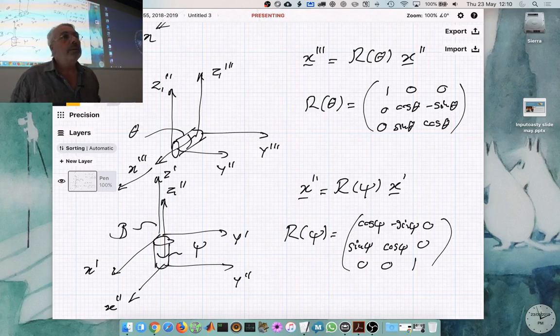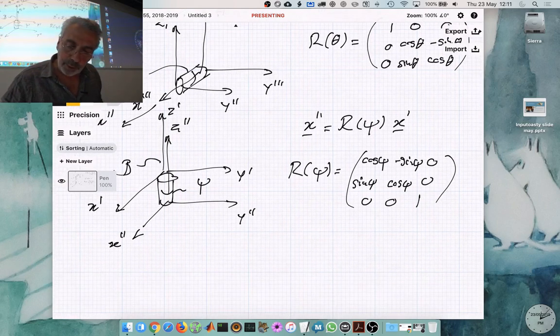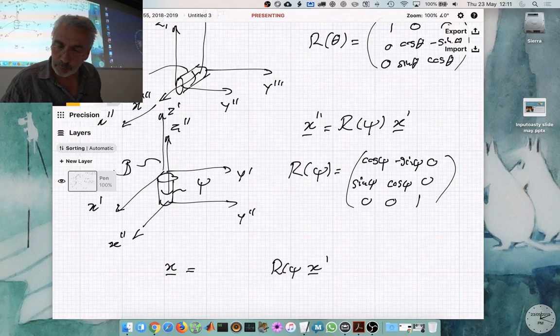So now I have all these separate parts, and I can substitute this one in this one, and then this one in the previous one we had before. So finally I can get my x in the global frame from my x prime in the body fixed frame, and the order is apparently R of psi times R of theta times R of phi.